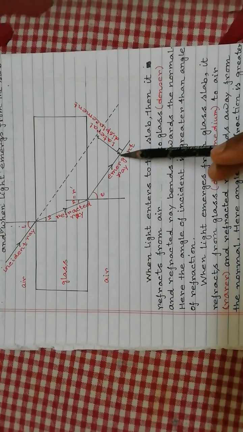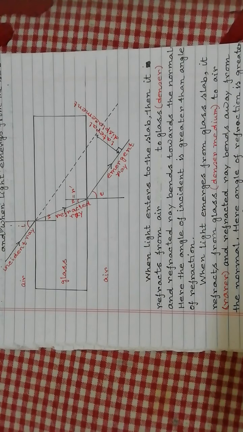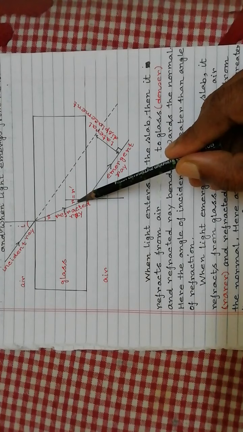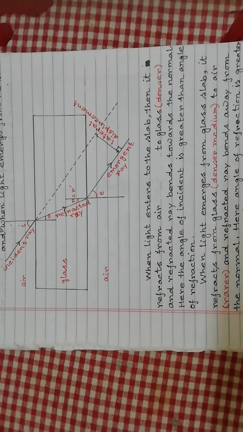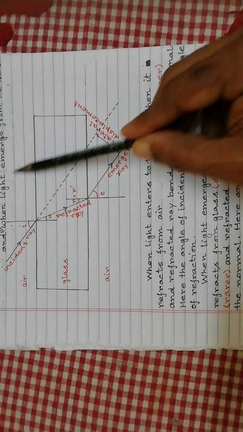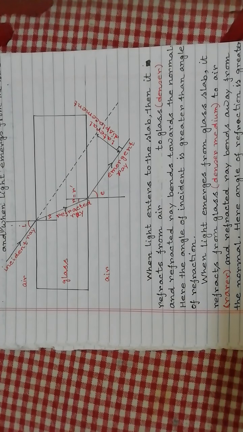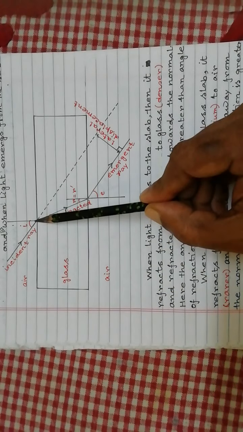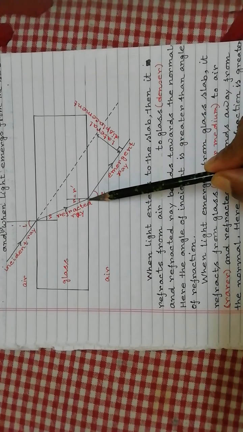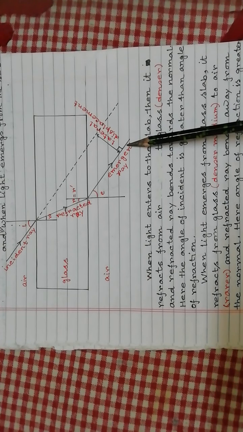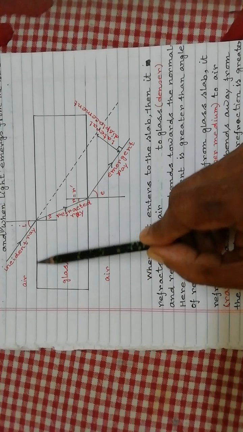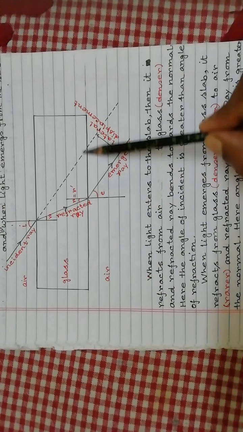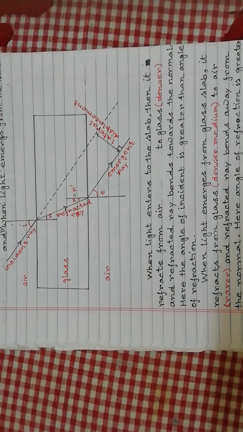This is known as the emergent ray. Here this angle is the angle of incidence and this angle is the angle of refraction. But overall, this is the incident ray, this is the refracted ray, this is the emergent ray. Already we know that the opposite faces of the rectangular glass slab are parallel to each other.